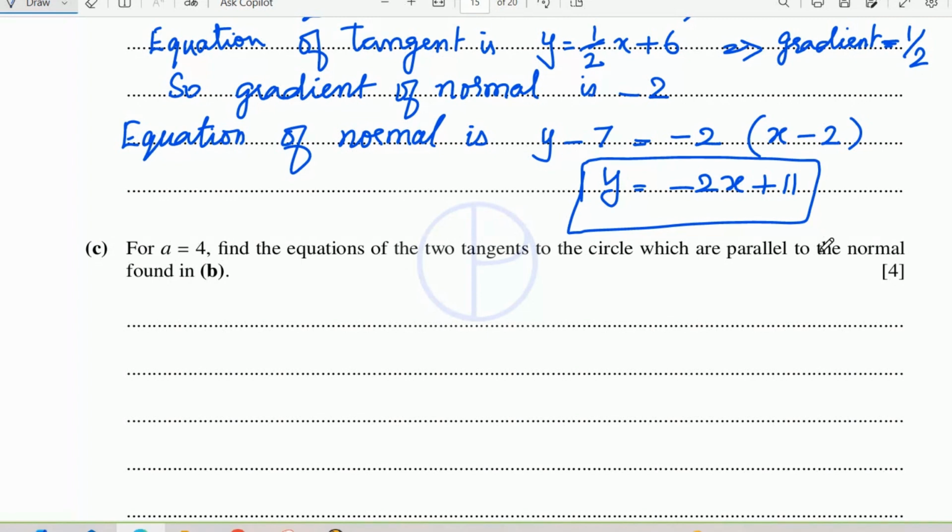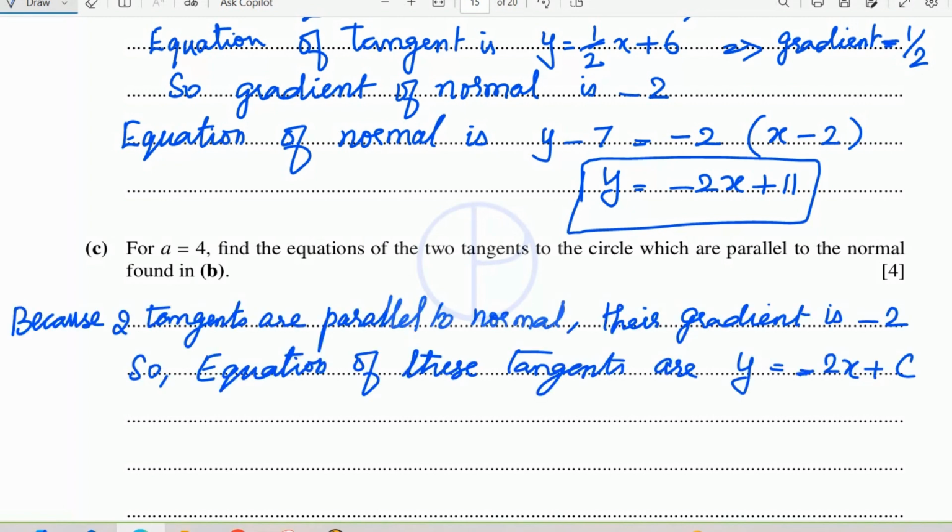Because the two tangents are parallel to the normal, the gradient of the tangents will be negative 2. So the equation of the tangents will be of the form y is equal to negative 2x plus c.